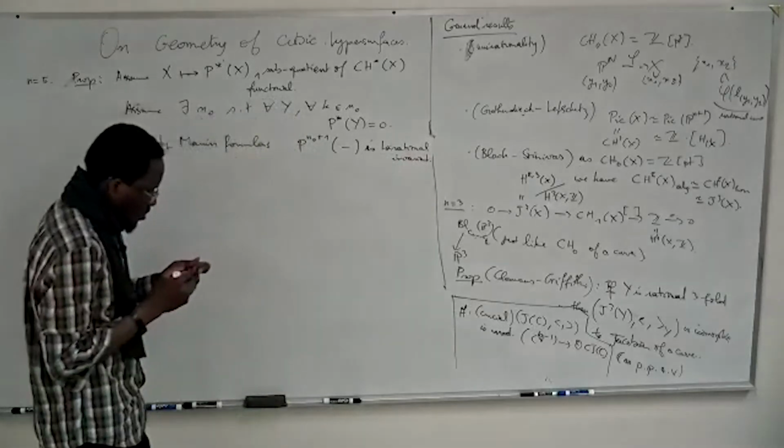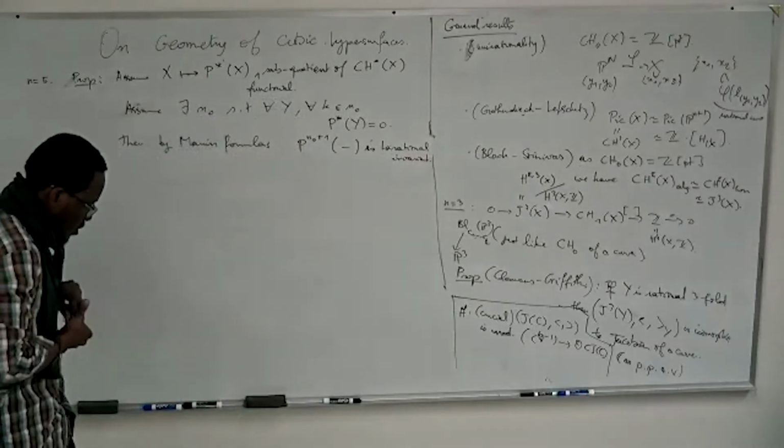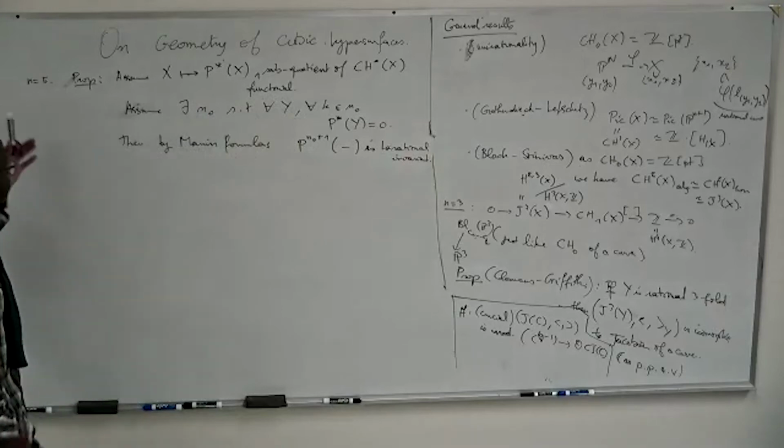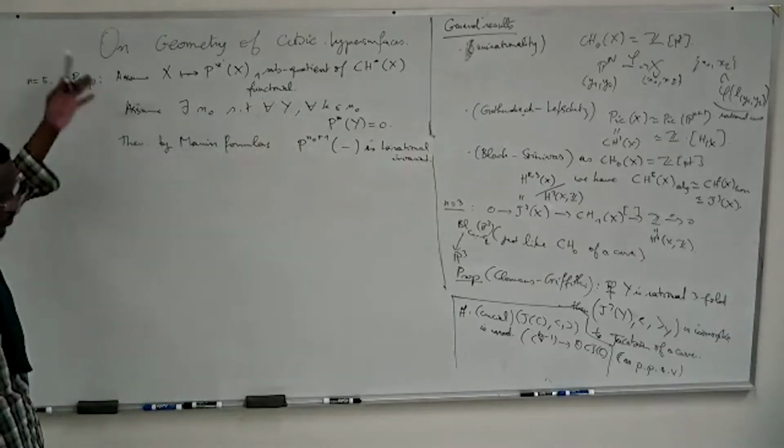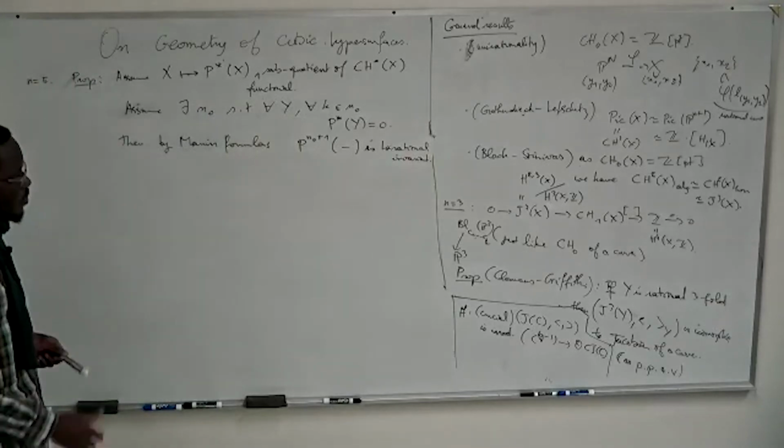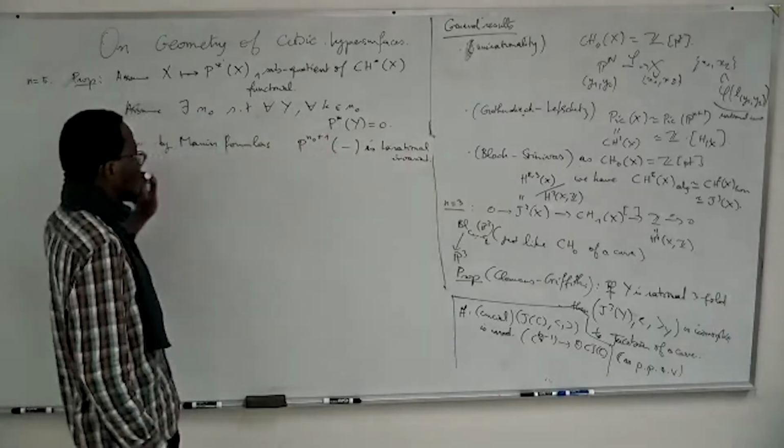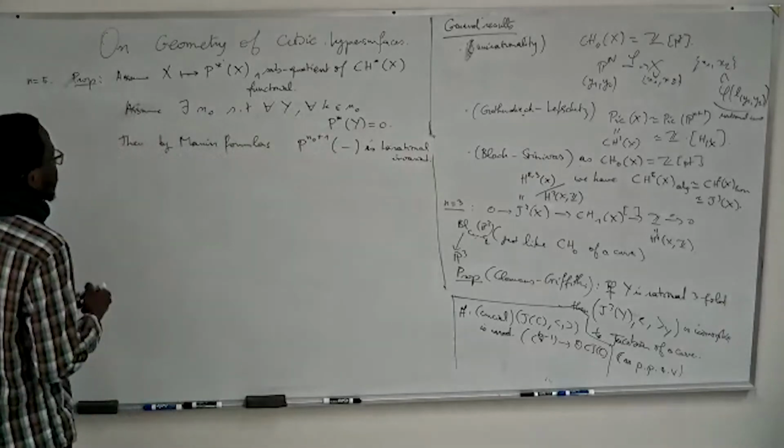So checking that something is a rational invariant boils down, in those nice cases where we have this functoriality, to checking that it is invariant under blow-up. That's why I say by Manin formula here.